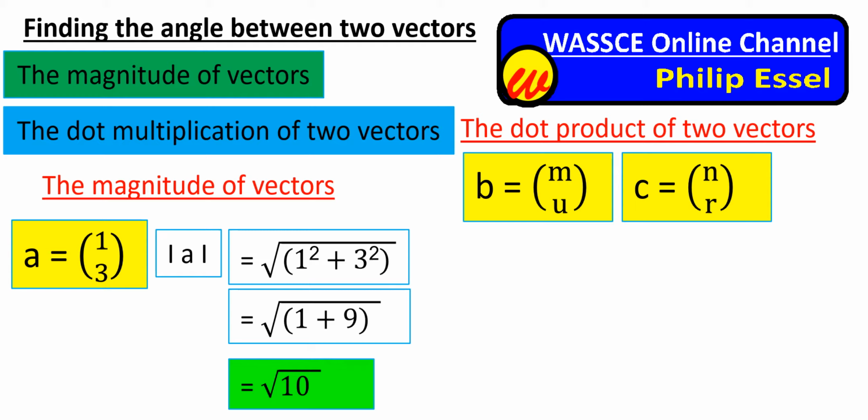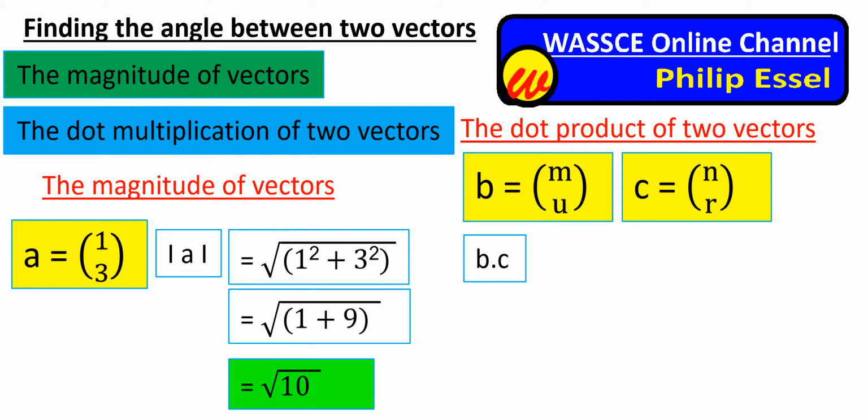Then the dot product of the two vectors will be denoted by the vector B times the vector C. And here we have used a dot to represent the multiplication sign.